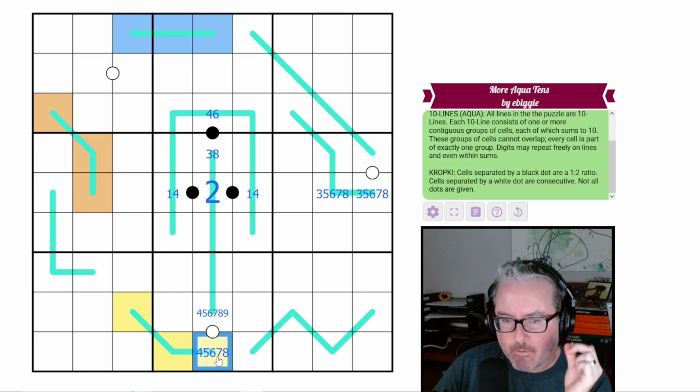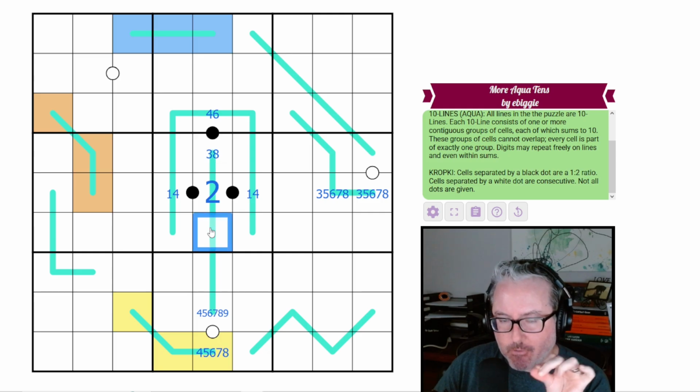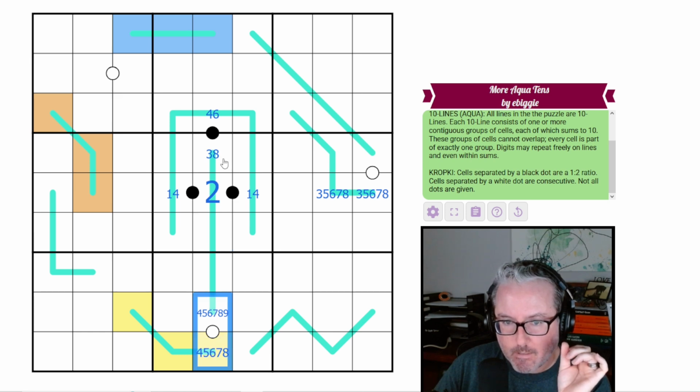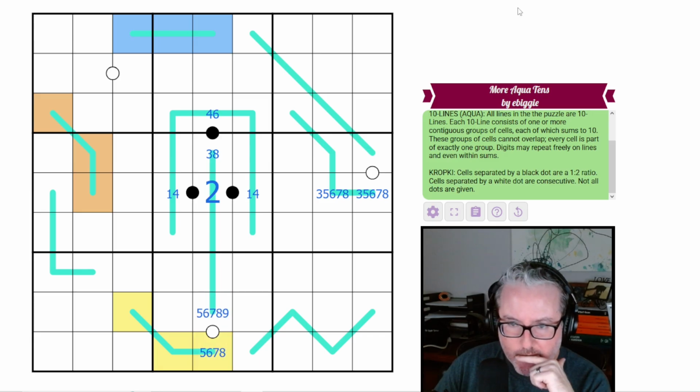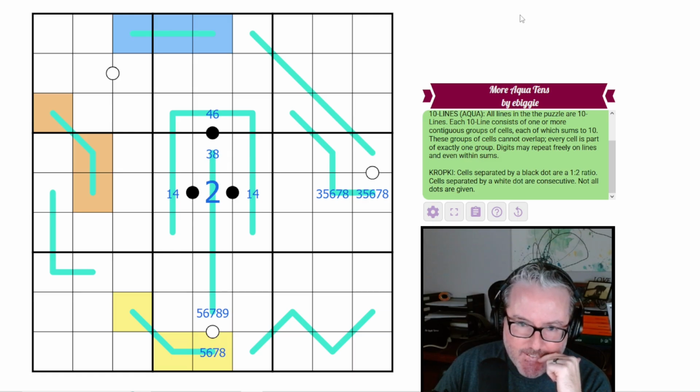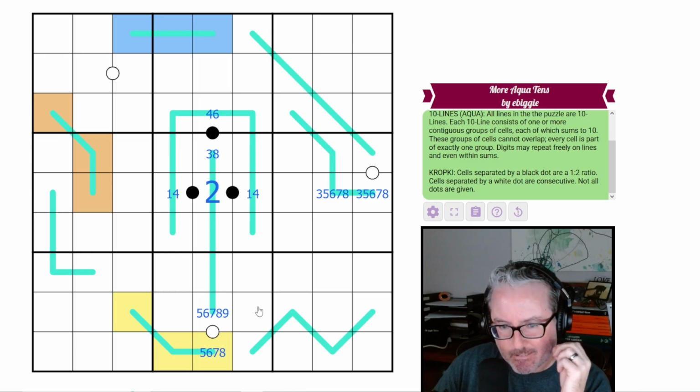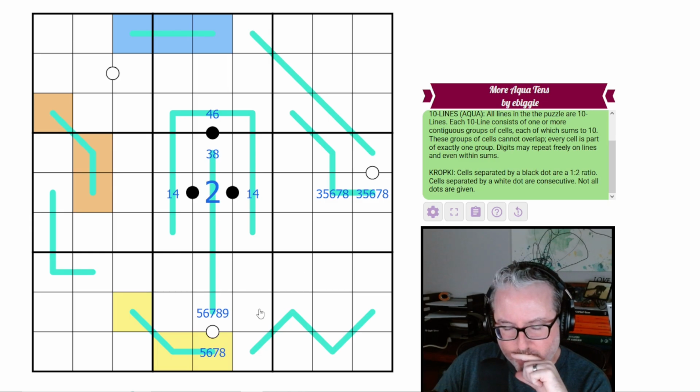Because we stated previously, if this was a 3, this has to be a 5. And if we put a 4 or 5 here, it makes this a 3. So there can't be a 4 on this because it forces the 5. Now I don't think we can go any further than that, though.